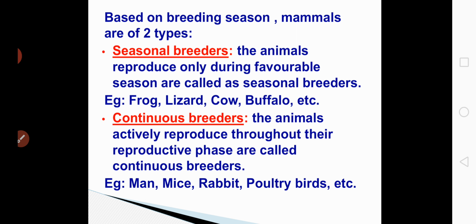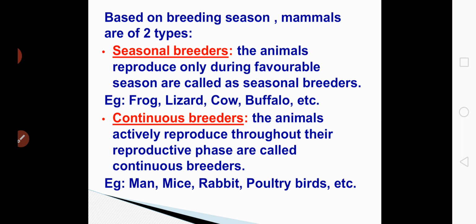Whereas continuous breeders are the animals that actively reproduce throughout their reproductive phase. Seasonal breeders depend on the favorable seasons for their breeding process, but continuous breeders actively reproduce throughout their reproductive phase.